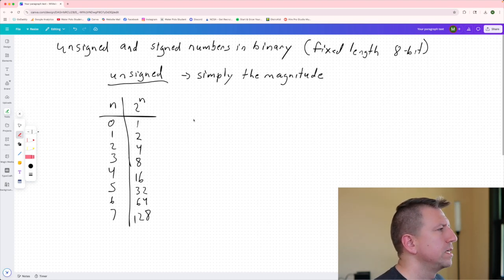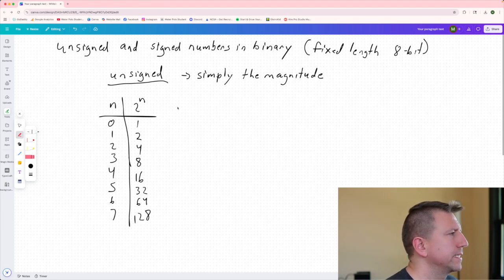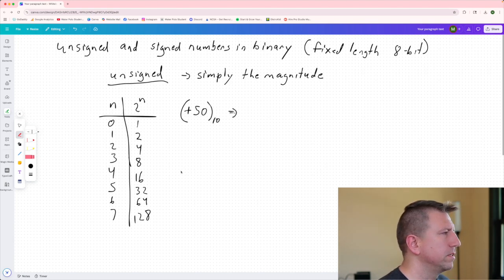Okay. So if I wanted to represent the number positive 50 in decimal here, how would I write that in unsigned? Well, I need the magnitude 50 and the sign. So this is the magnitude, and this here is the sign.